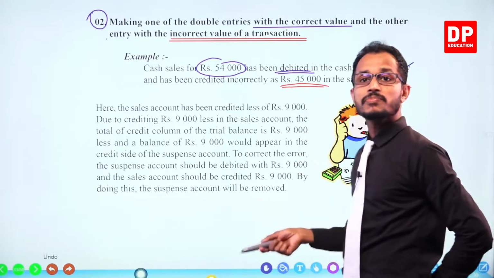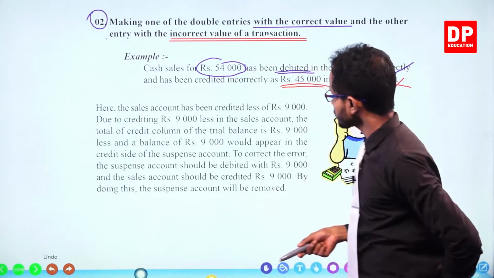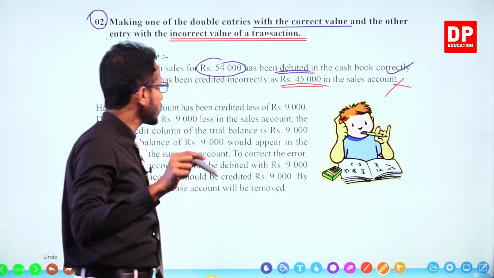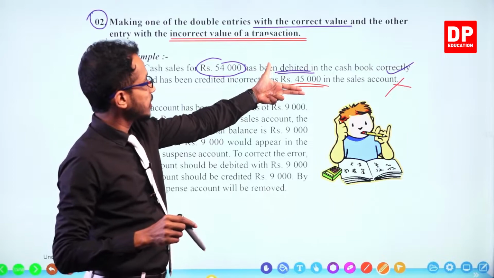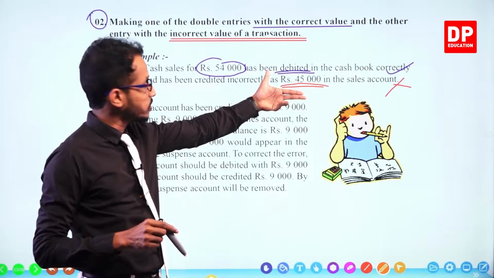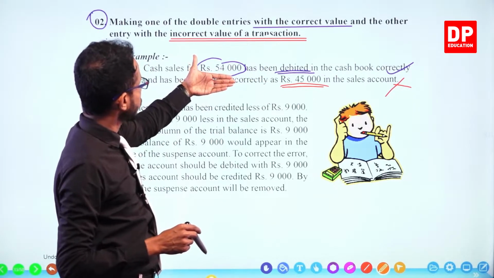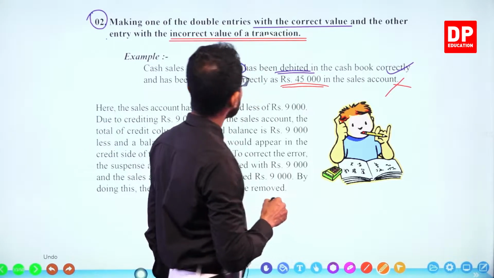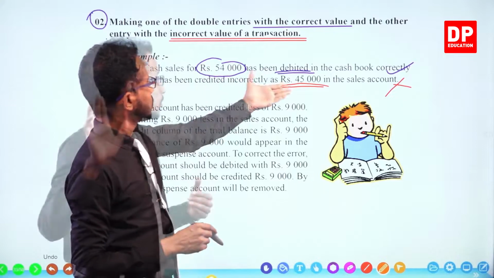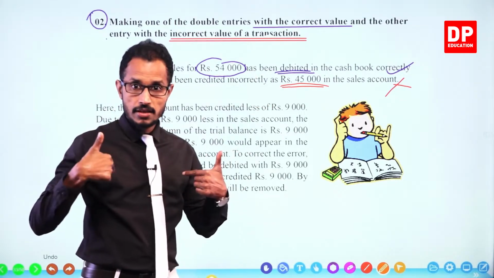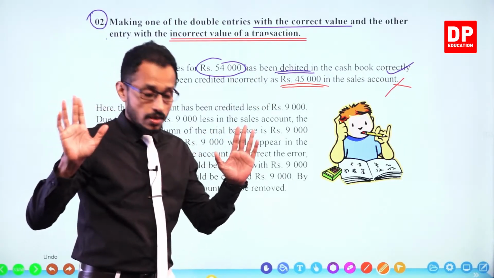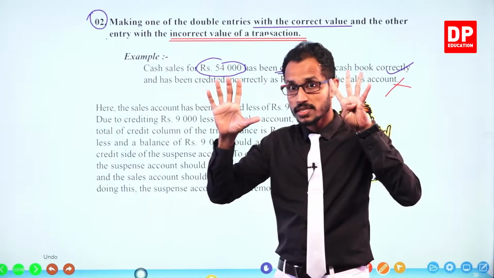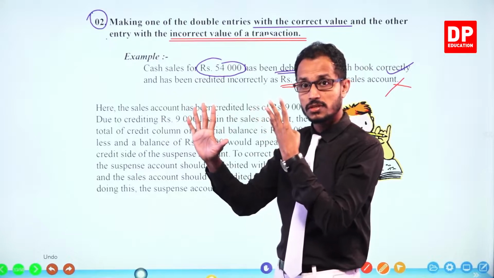Oh yeah, that's it. My mistake. Not 10,000. Credit side is 9,000 less. For 54,000 and 45,000 the difference is 9,000. My bad, no worries.